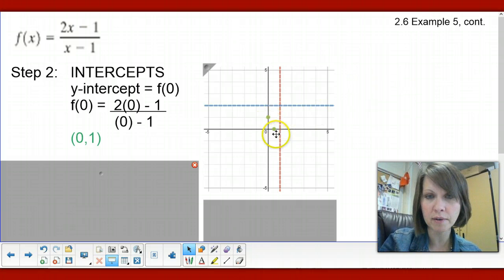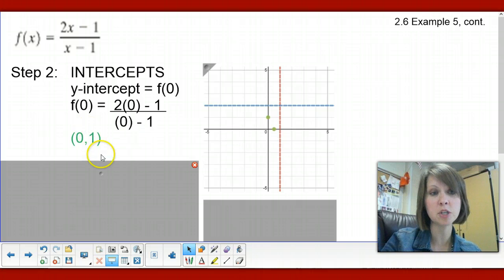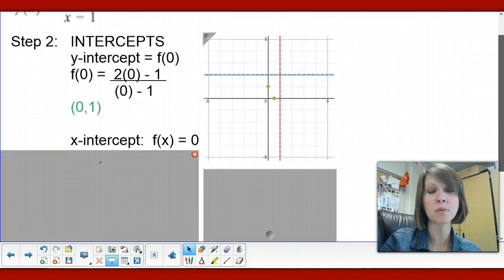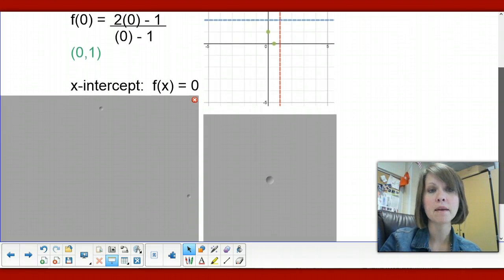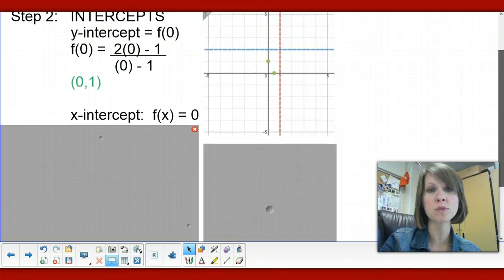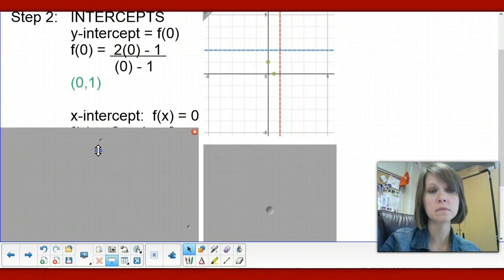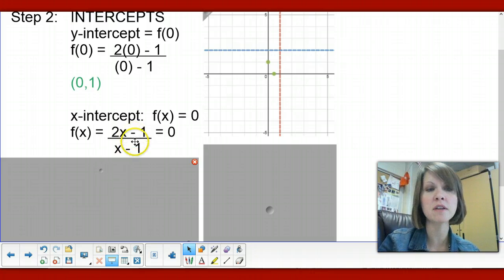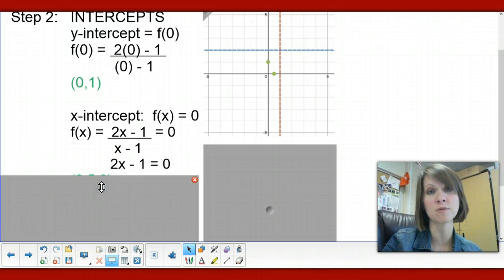Now this other point down here is the x-intercept, and let me show you how I found that. The x-intercept we find, instead of making the x 0, we make the y 0. So f of x equals 0. This is kind of a tricky math move, but if you have a fraction that equals 0, the only way a fraction equals 0 is if its numerator equals 0.